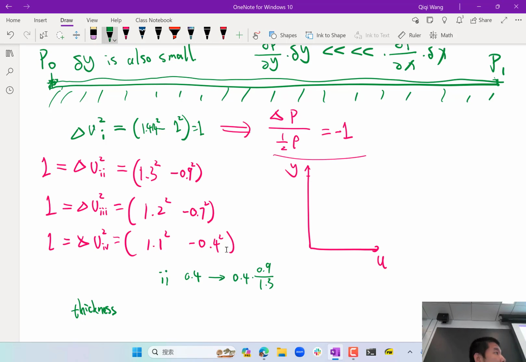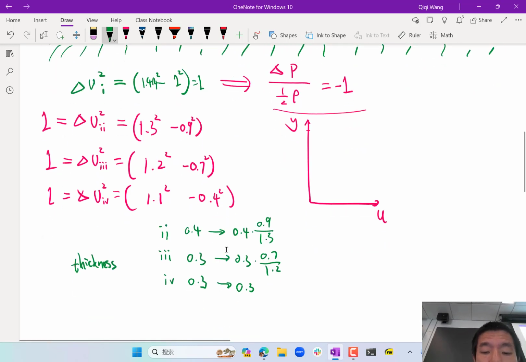So that's how much the flow has accelerated. On the third layer, it has gone from 0.3 into 0.3 times 0.7 over 1.2. And in the bottommost layer, the thickness has gone from 0.3 into 0.3 times 0.4 divided by 1.1.